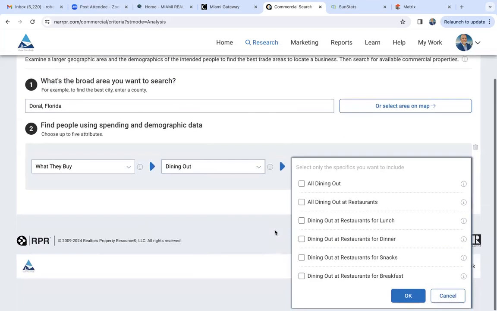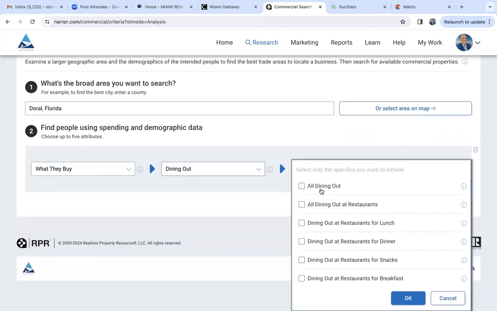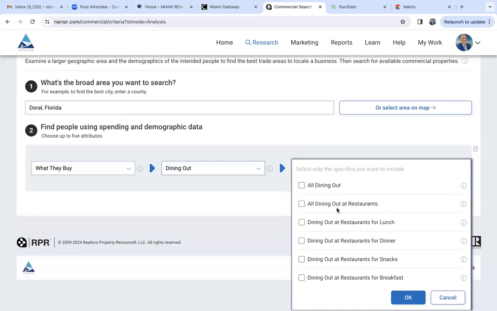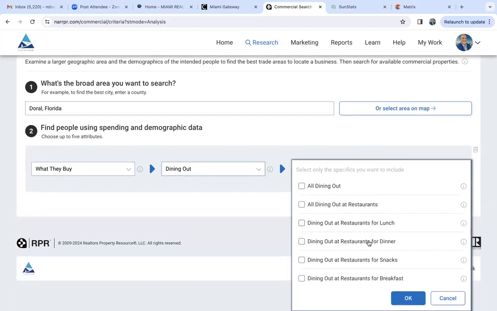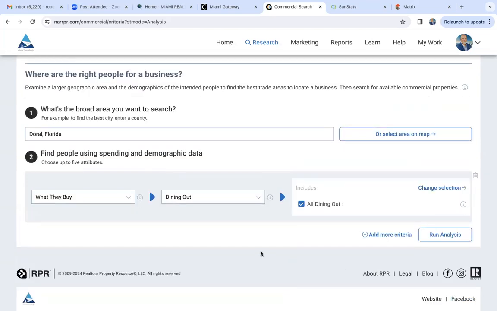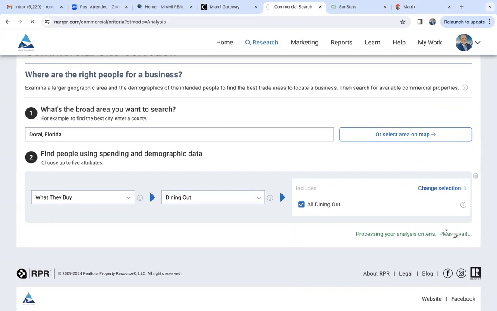And then you have all dining out. You have all dining out at restaurants. You have restaurants for lunch, restaurants for dinner, restaurants for snacks, and then breakfast. Let's just go with all dining out. And let's go ahead and click on OK. All right. And now let's click on Run Analysis.